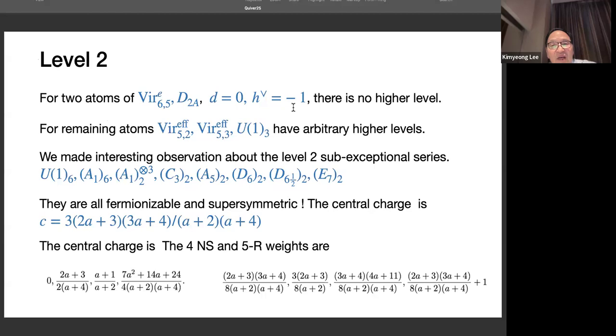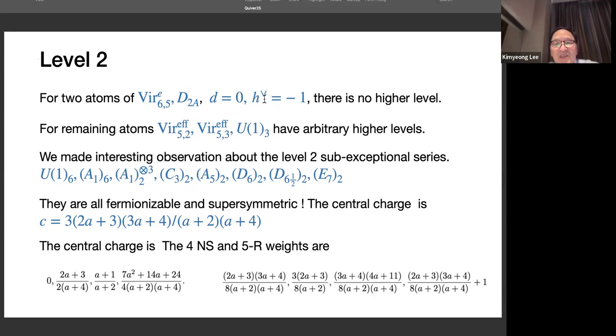Now, when level is 1, it's 0 divided by 1 minus 1, so one can have a non-trivial central charge. But if level is 2, then 2 times 0 divided by 2 minus 1, so central charge is equal to 0. So all higher level theory will be trivial. So for this series, but for all the rest of the 28 series, if you look at it, then the dual Coxeter number is not -1 and dimension is non-zero.